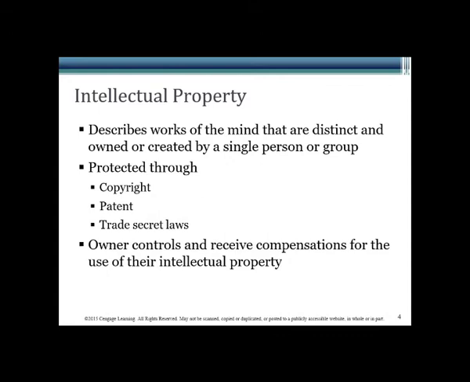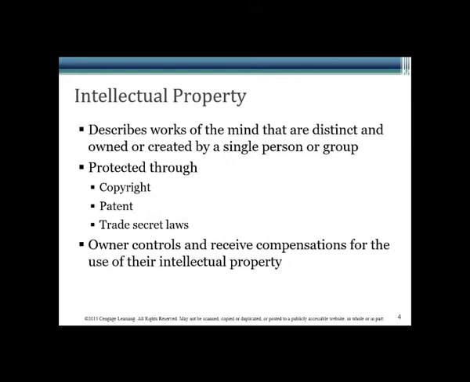Together, copyright, patent, and trade secret legislation form a complex body of law that addresses the ownership of intellectual property. Such laws can also present potential ethical problems for IT companies and users.